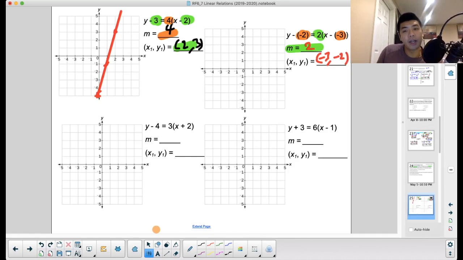So let's go ahead and plot this point, -3, -2. So -3, -2 is right down here. And then our slope is 2, which means that we're going to count up 2, and then 1 to the right, up 2, 1 to the right, up 2, 1 to the right. And then we're going to draw a nice straight line through those points.